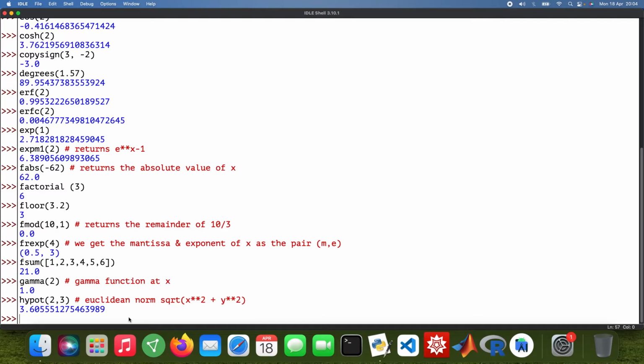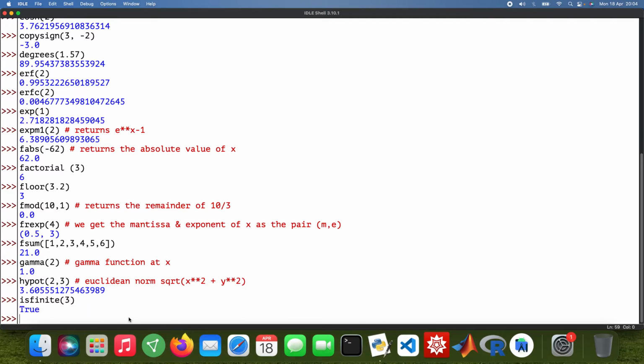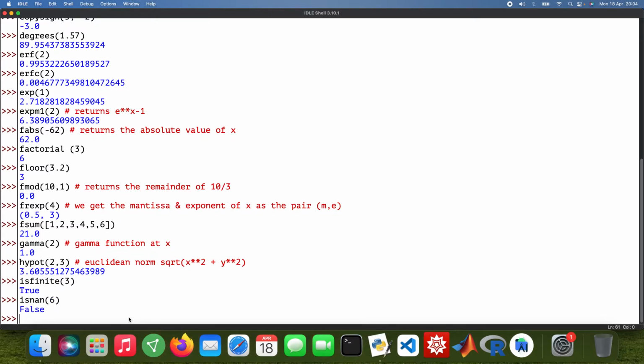And then isfinite. That would be a Boolean function, either true or false. So true. And then isnan, not a number. I'll think of a value, let me say 6. So that's false.